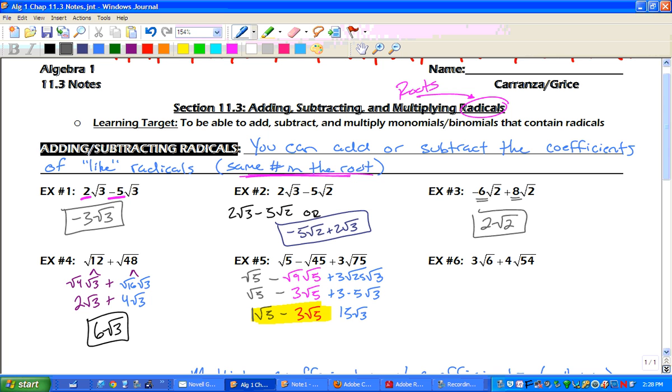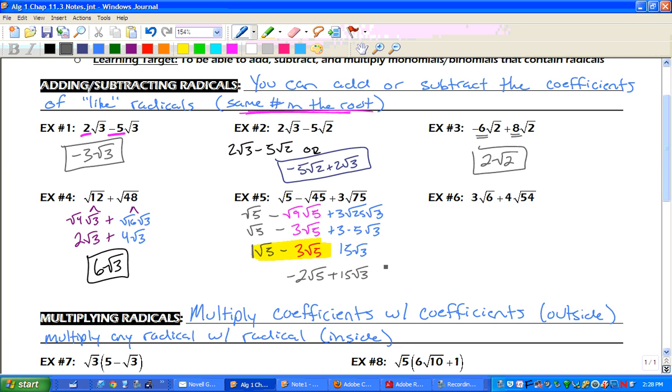Well, 1 minus 3 is negative 2 root 5 plus 15 root 3. Alright, and now if we wanted to write that in order, it would be positive 15 root 3 minus 2 root 5. Okay, I'm just going to move those so I actually have room to do the next problem.